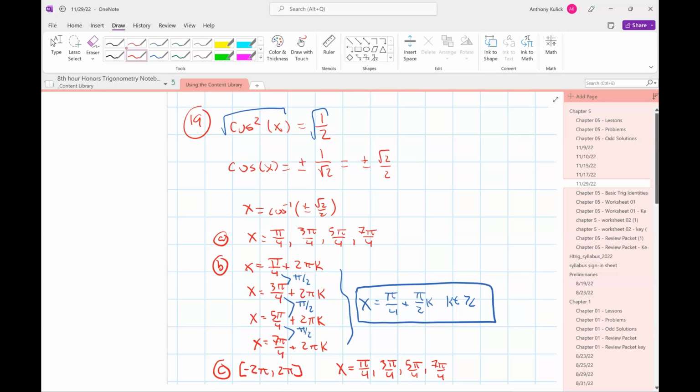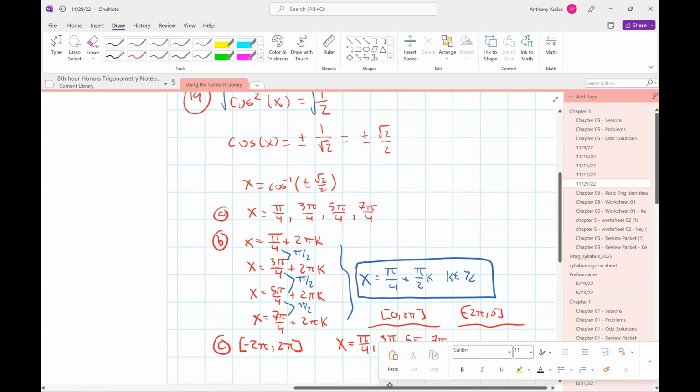In fact, those are the only answers between 0 and 2 pi. So really what I need is the stuff between negative 2 pi and 0. Right? So how am I going to get those? Well, I can just subtract 2 pi from each of my other answers.